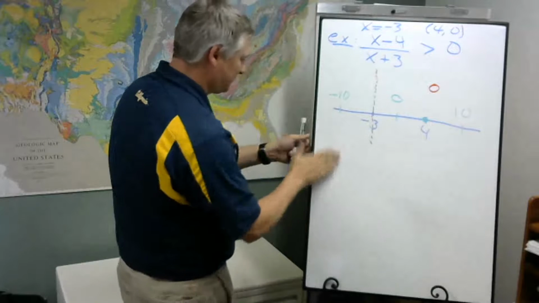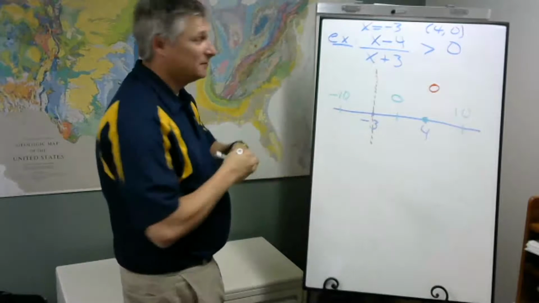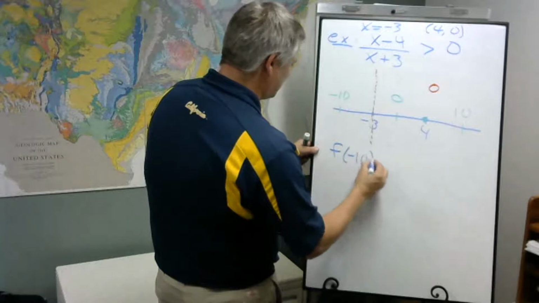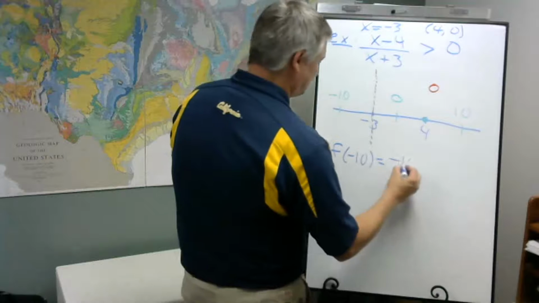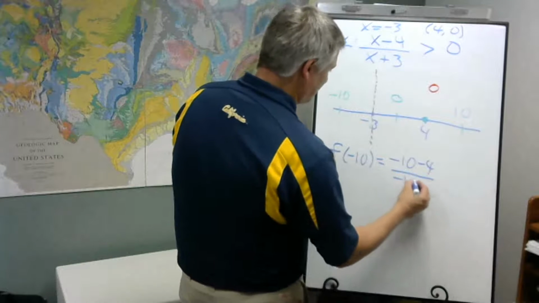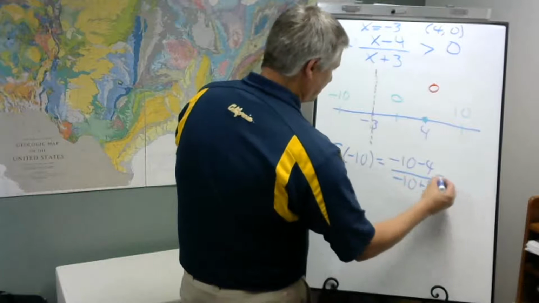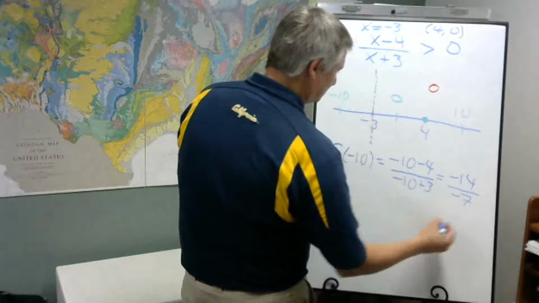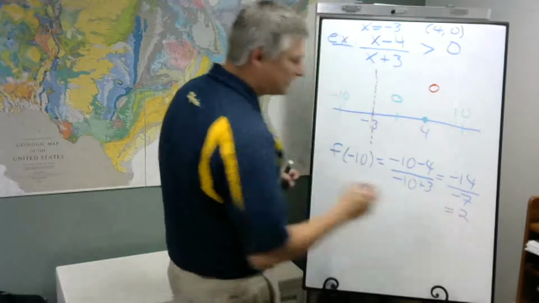So f of x, let's do f of negative 10. So we get positive 2.